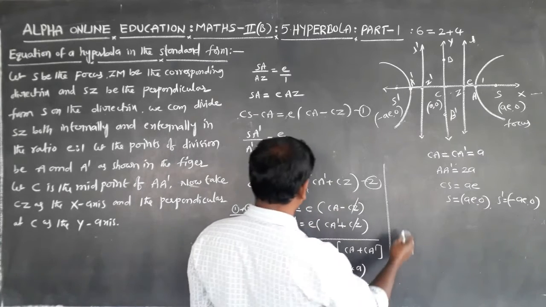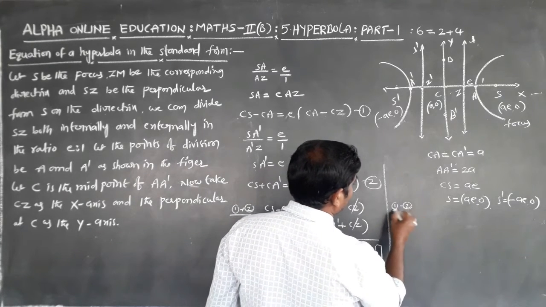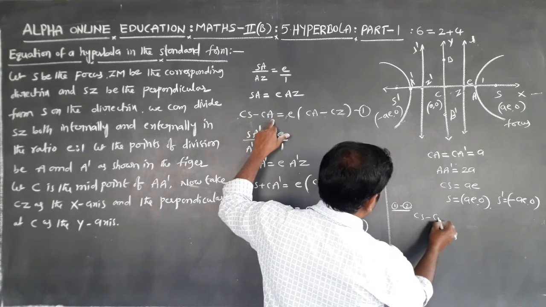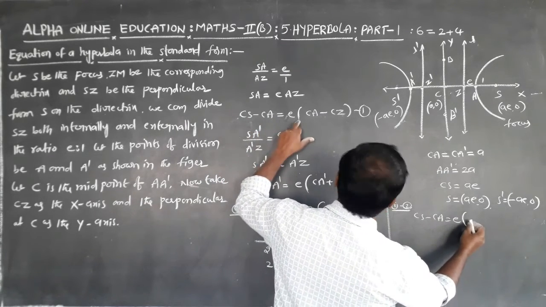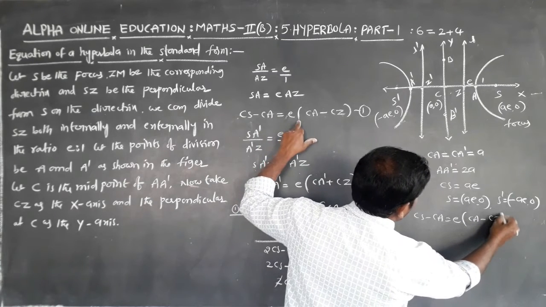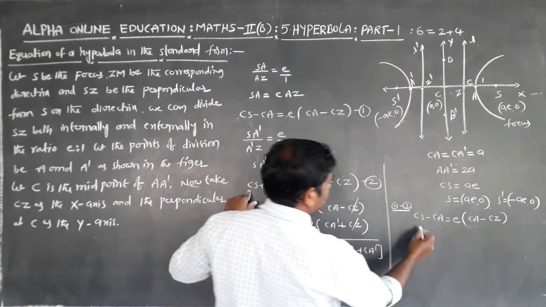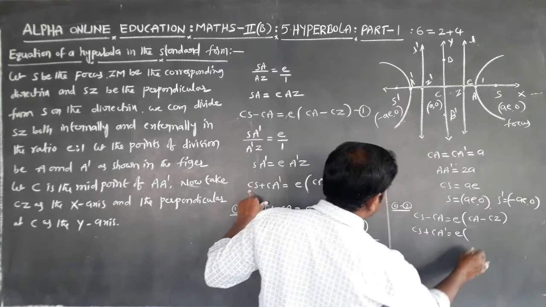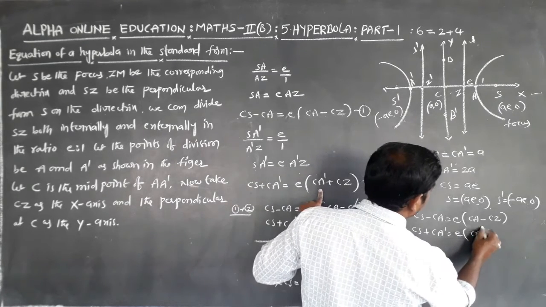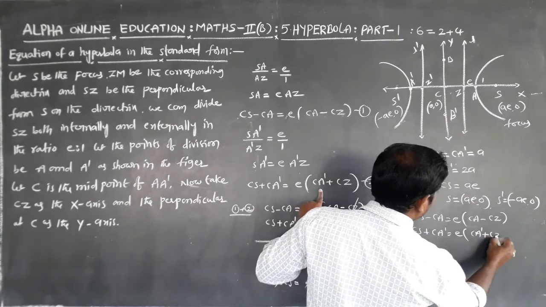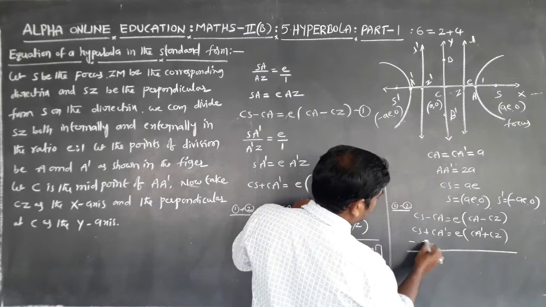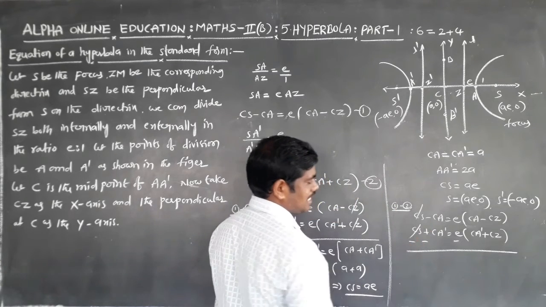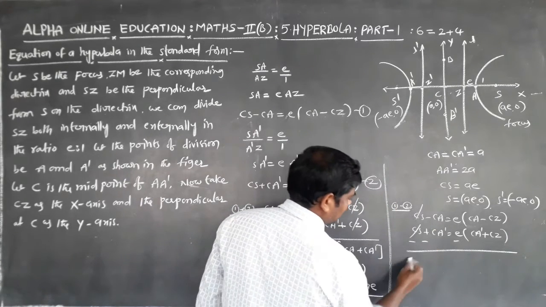Next, the second one is 1 minus 2. One is CS minus CA equal to e into CA minus CZ. Second one is CS plus CA dash equal to e into CA dash plus CZ. Both are subtracting. CS minus CS cancels.